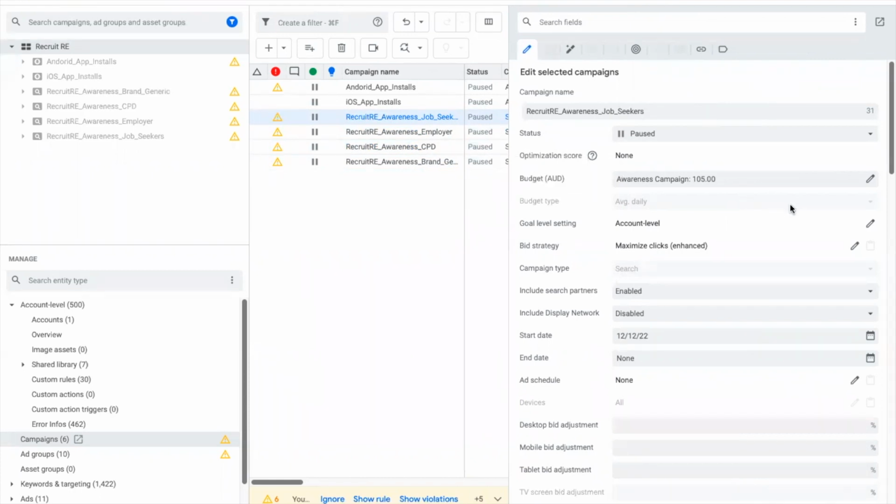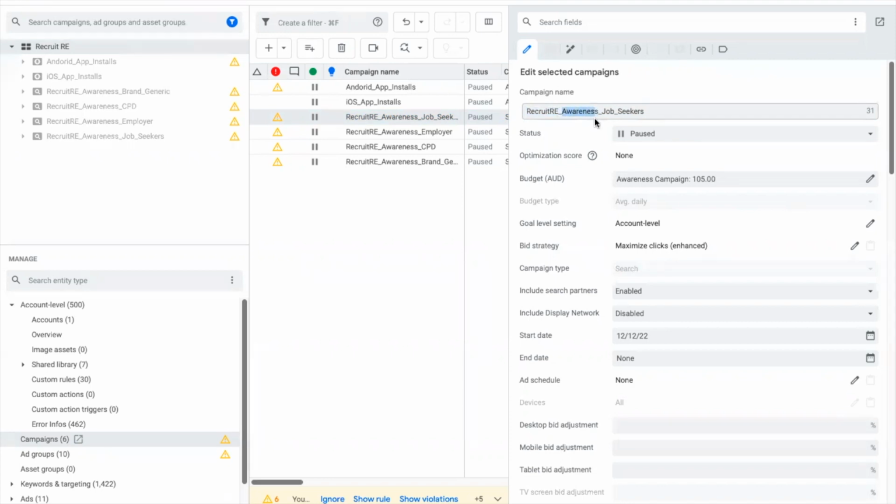Whenever you are creating a new search campaign, the main thing is the name of the campaign. For example, you can see here it is the brand name, basically the brand or the product, the name of the company. Then what kind of campaign is it?